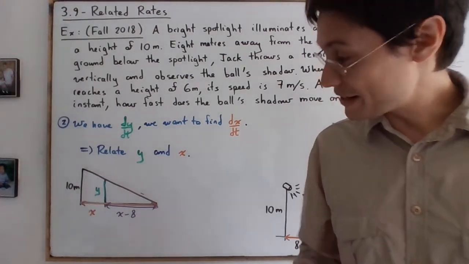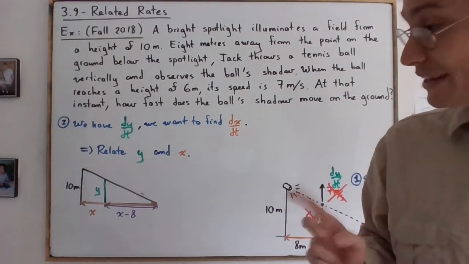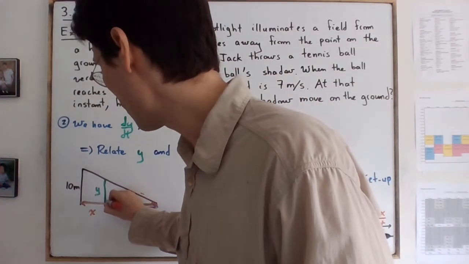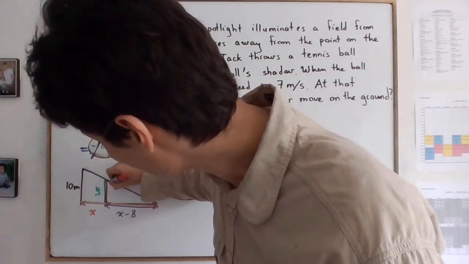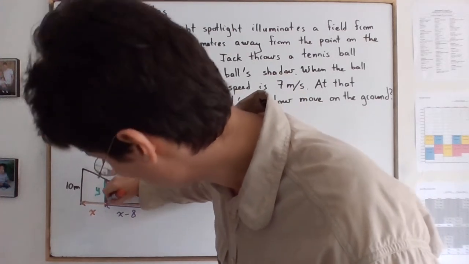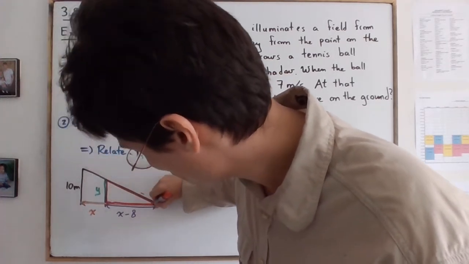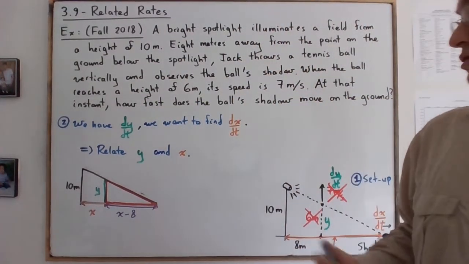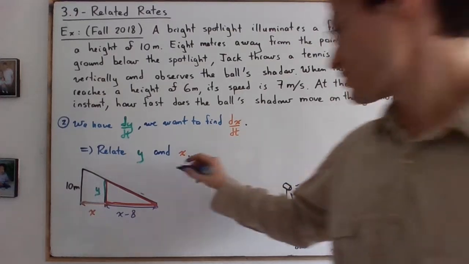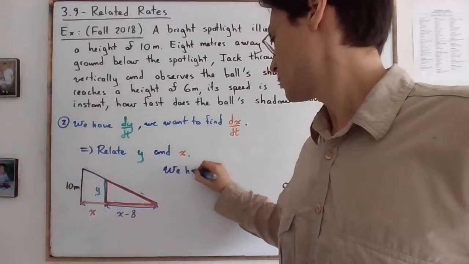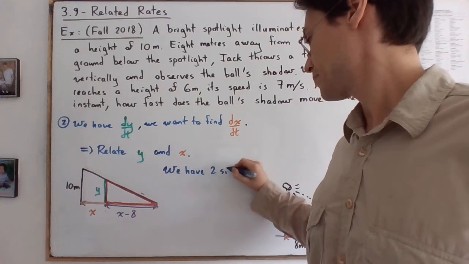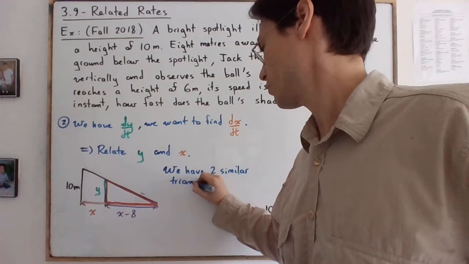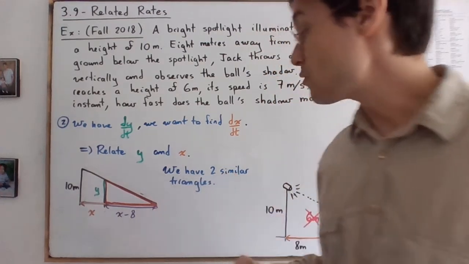And what is to realize is that the black triangle is similar to the red triangle that we have over here. Okay? So that's it. We have two similar triangles. And what does it mean?